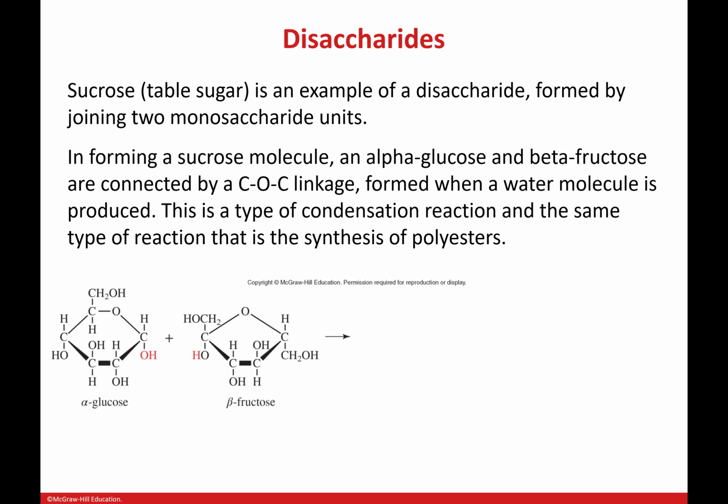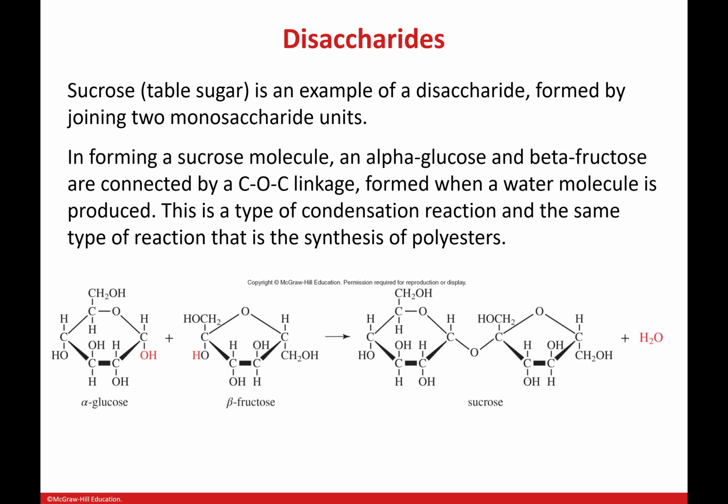So here we have them lined up side by side on the previous slide, alpha glucose, beta fructose, and you can see the OH here, the hydroxyl group from your glucose, and one of the hydrogens on the hydroxyl group of your fructose, that's going to go out together, and then oxygen is going to join with that carbon. Looks like this. Okay, so if you look from the reactants to the products, we still have our glucose structure and a fructose structure, but now we've taken out a water molecule, which was this H2O that went out.